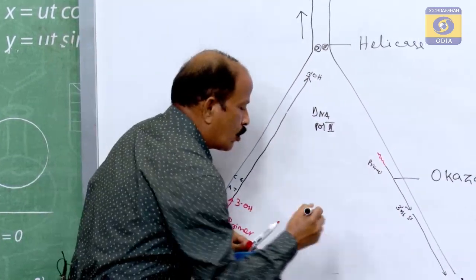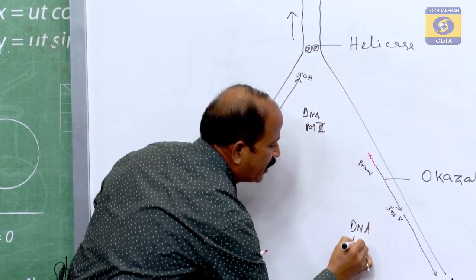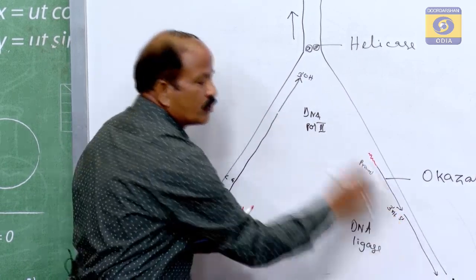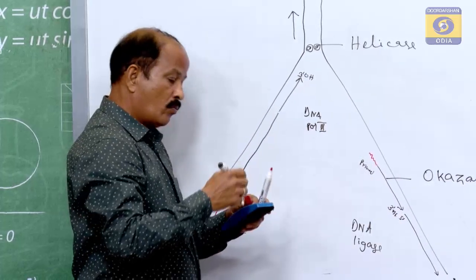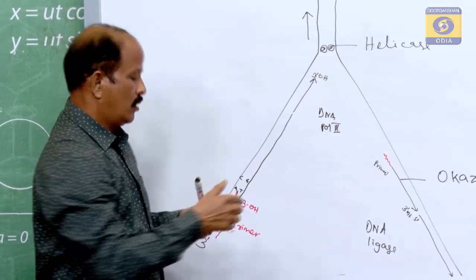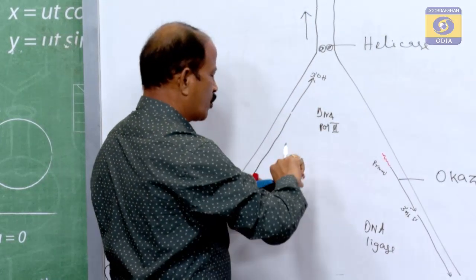Here the enzyme DNA ligase, as we have read, joins this and makes it continuous, but here I want to mention the enzyme involved. It will be very clear from this diagram.